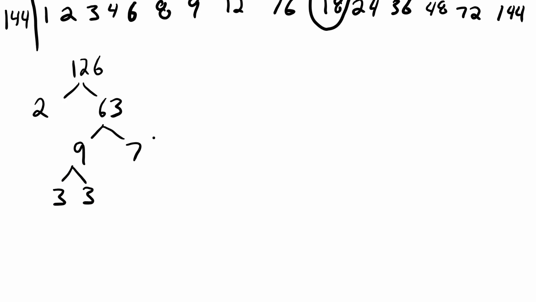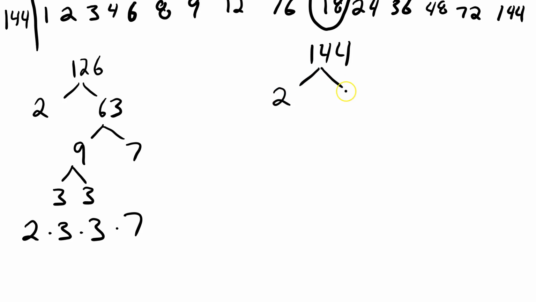So my prime factors are 2 times 3 times 3 times 7. Now for this method, I would not suggest combining the 3's. Just leave it alone at this point. Let's go into 144. And what numbers go into 144? I like using small ones just because it's a lot easier to work with. So I'm going to go with 2 and 72. 2 is prime, so let's go to 72.